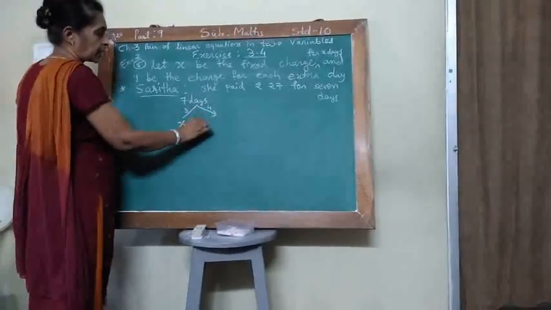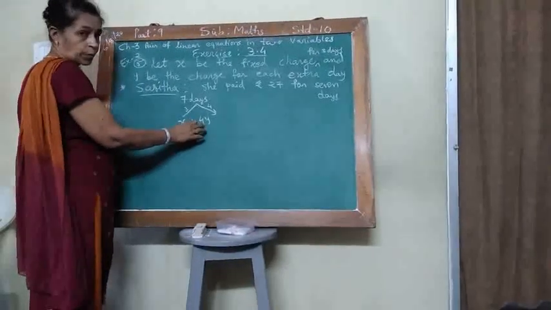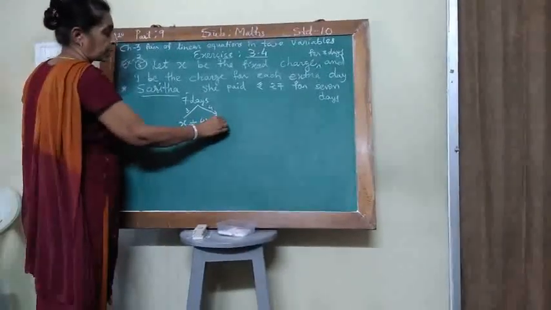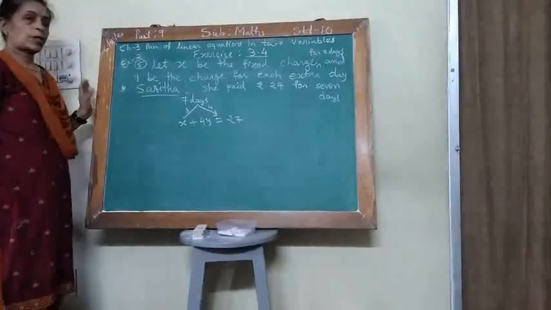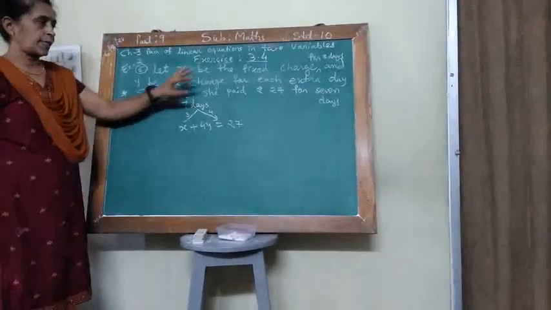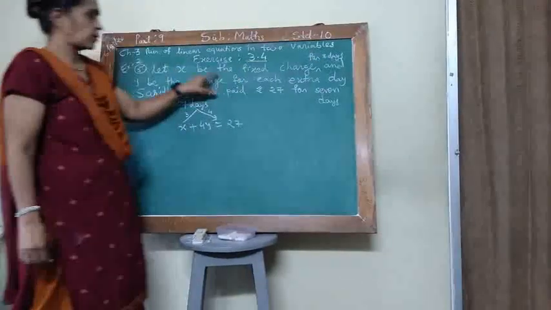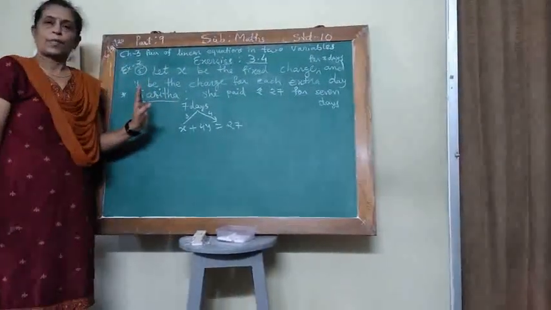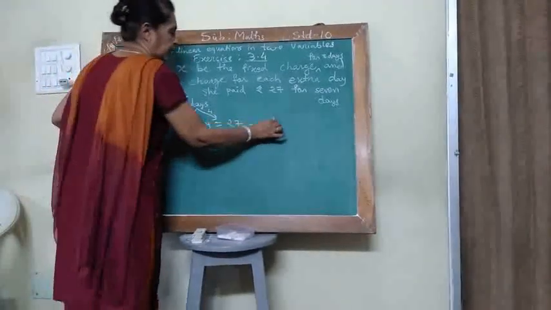After that she has to pay y 4 times. So x plus 4y is equal to 27 rupees. Some students may write 3x here, but for 3 days I have mentioned x rupees fixed. So this is the equation I make for Sarita.